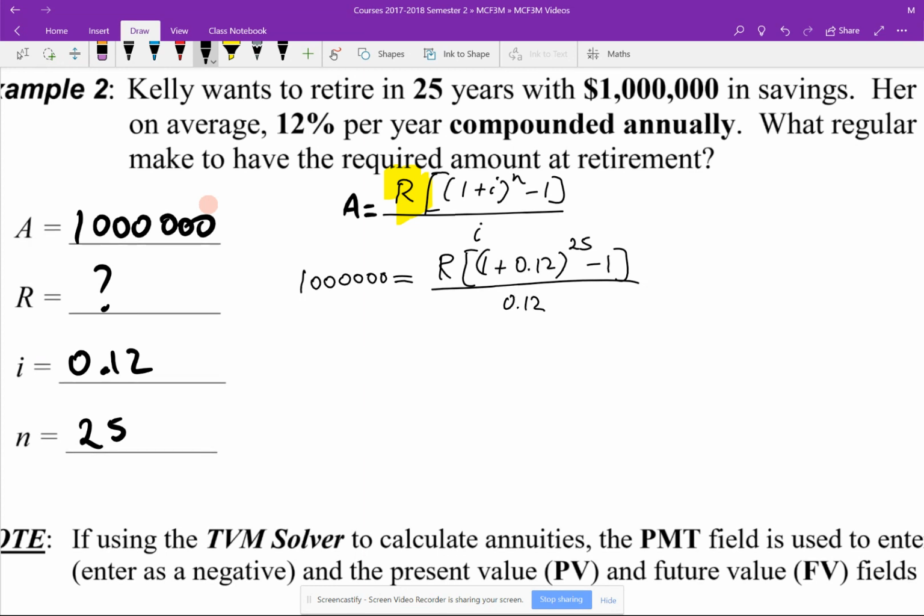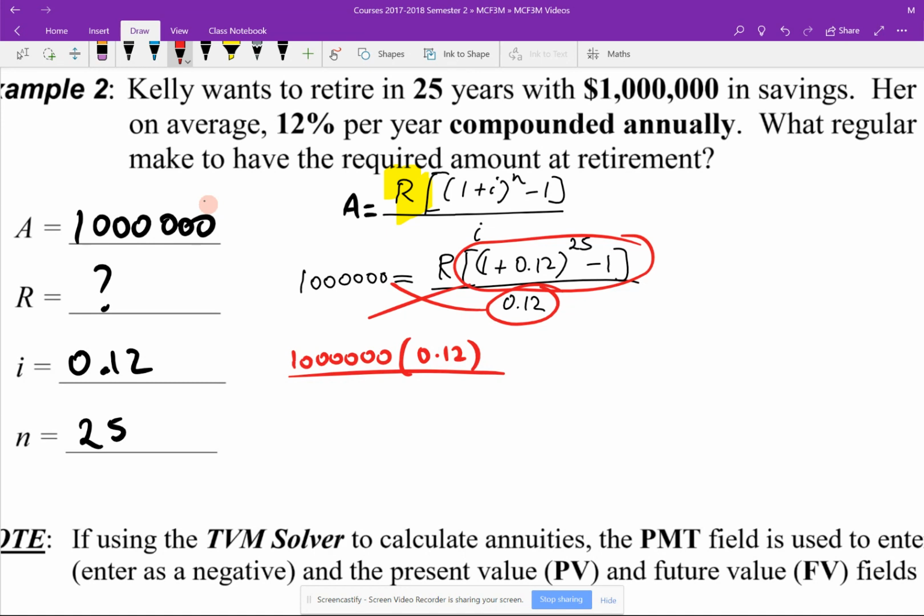Okay, so how do I rearrange this? Well, if I cross multiply, you bring this guy up here, and you bring this square bracket down here, you would have your R isolated. So here's how it would look. I have 1 million times 0.12, divided by my square bracket, (1 plus 0.12)^25 minus 1.